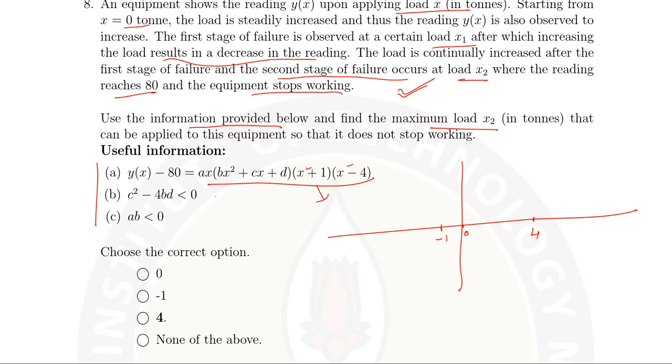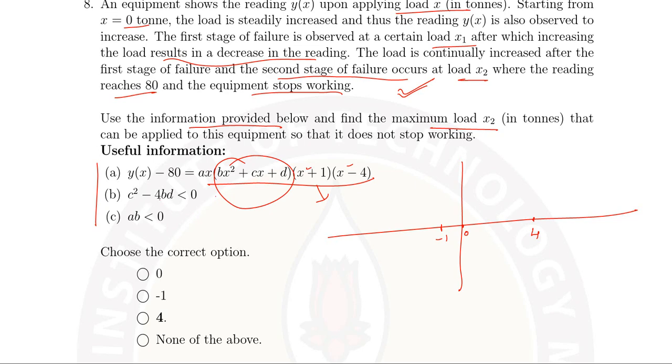This is 0. So this polynomial equation is of degree 5, and we already got to know 3 roots, and the rest 2 roots we can obtain from this part, right?